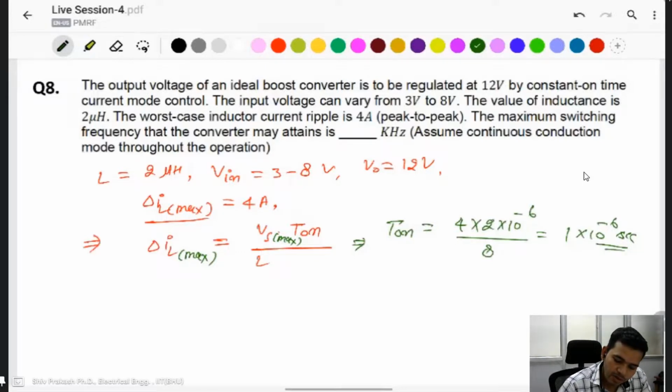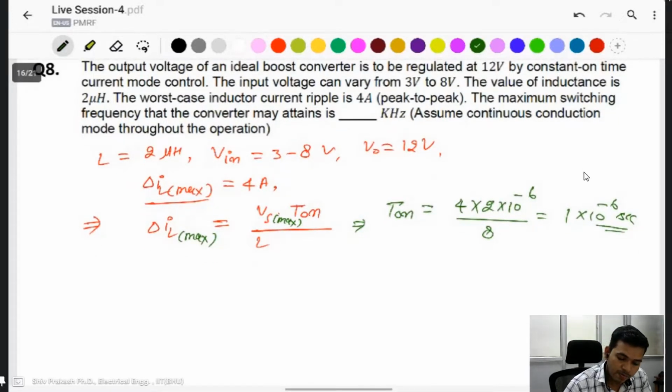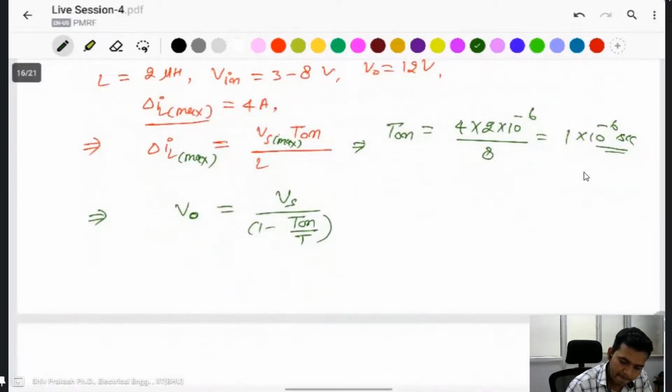The second question is asking about the maximum switching frequency. When maximum switching frequency occurs, then find the output voltage. For the boost converter, output voltage is equal to Vs divided by 1 minus D, where D means T on by T. Then find 1 minus T on by T, equal to Vs by V naught.